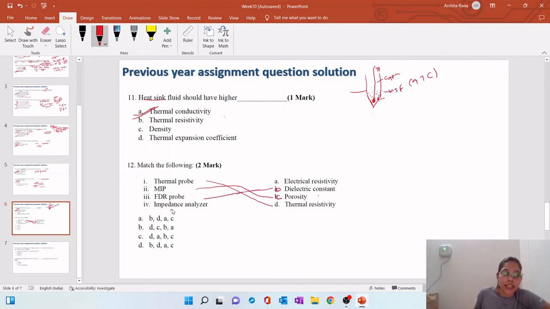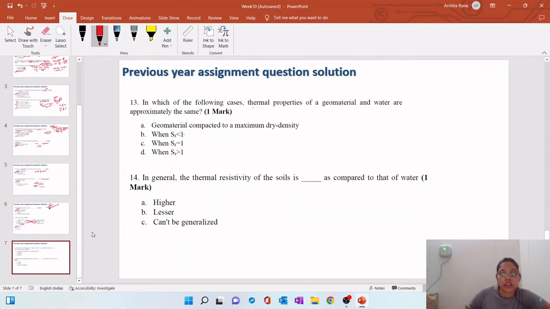And impedance analyzer is used to measure the electrical resistivity of the soil. So the answer is B, C, B, A. So the answer is B.